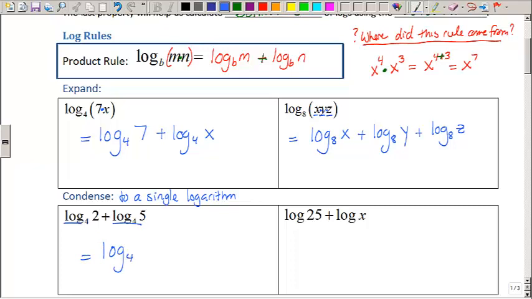They have to be the same in order to combine the arguments using the product rule. So these are the same base, and I rewrite them as the same base of 2 times 5. I changed a sum of logs into the log of a product. Now this 2 times 5 can be reduced, so I'm going to go ahead and reduce that to log base 4 of 10.